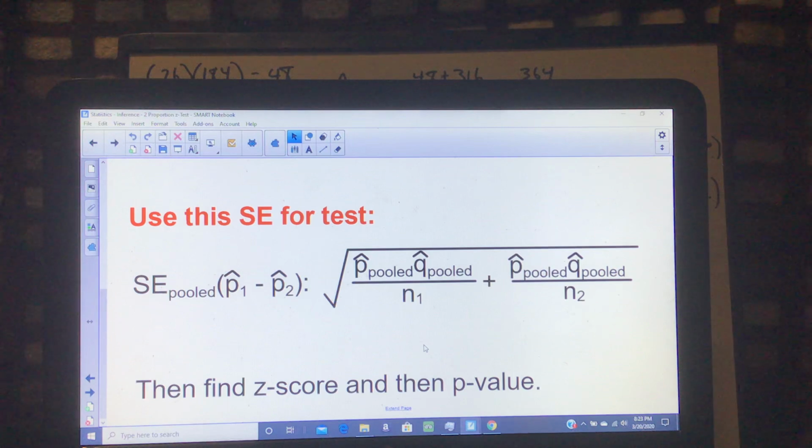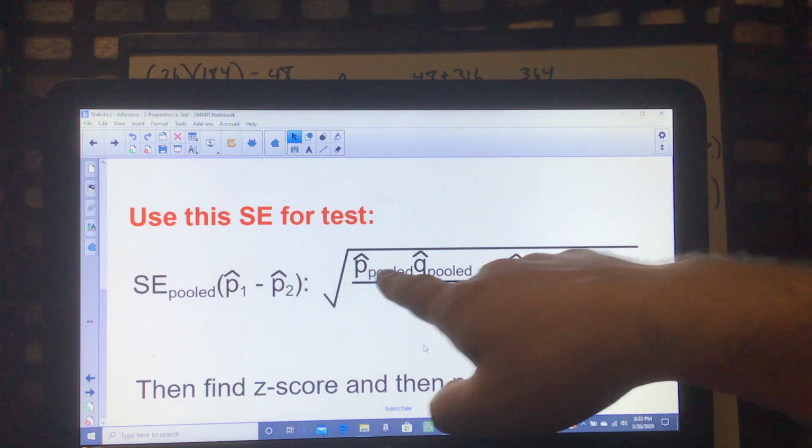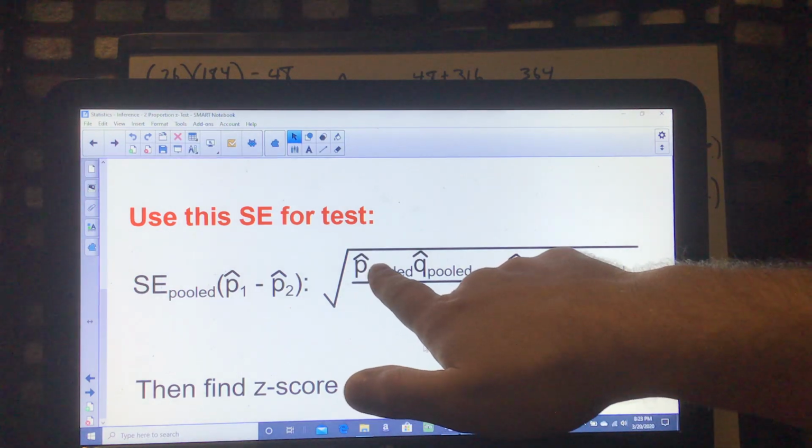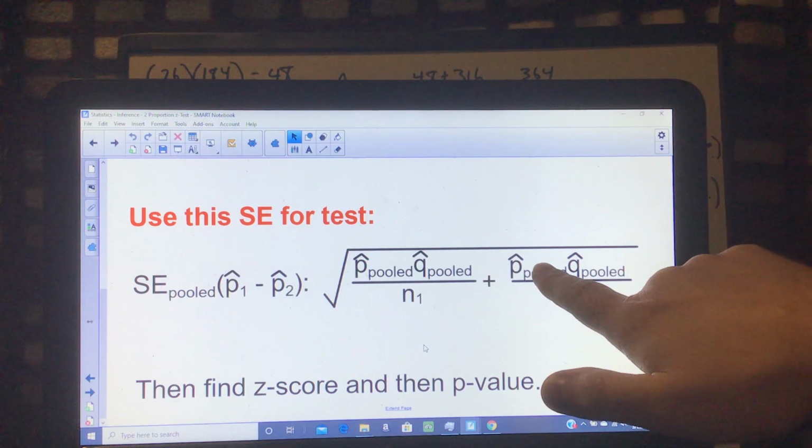So if you're going to do this test, the way you calculate the standard error is to plug in the pooled number everywhere. So the p hat pooled is 0.366, and I'll show that on the board in a moment. But that's what I calculated out to be. So I'm going to put 0.366 here and 0.366 here.